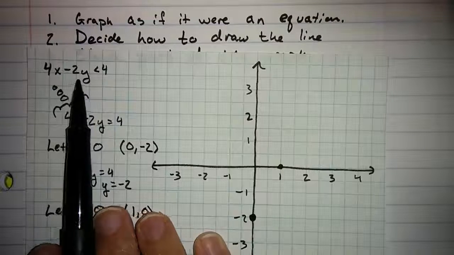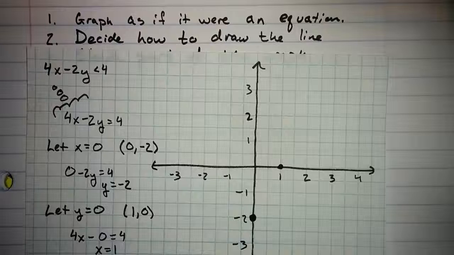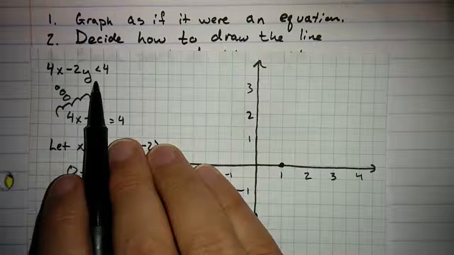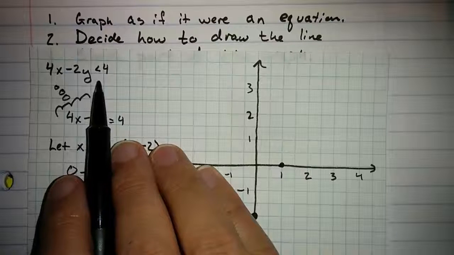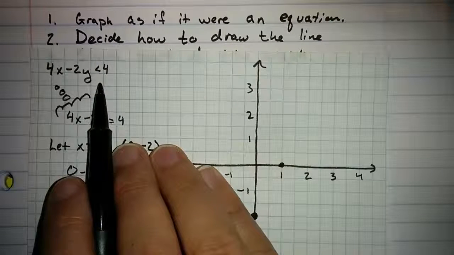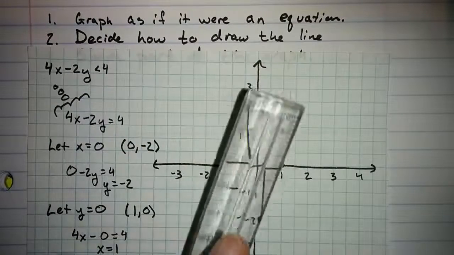If 4x minus 2y is equal to 4, well then it's not less than 4, right? So points right on the line are not going to make this inequality true. We want the line to not be included in our picture. The way that we indicate that is with a dashed line.